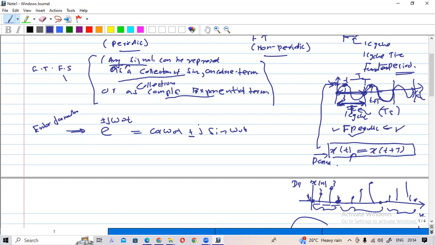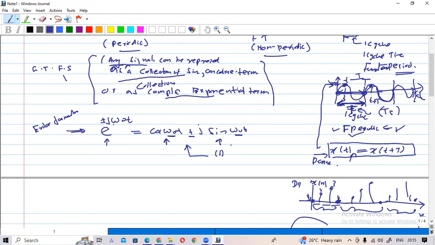Now you can see that the exponential term has two components, a cos component and a sine component. The cos component has the frequency omega naught, and the sine component also has the frequency omega naught. So how many frequency components are here? Only omega naught, that means 1.